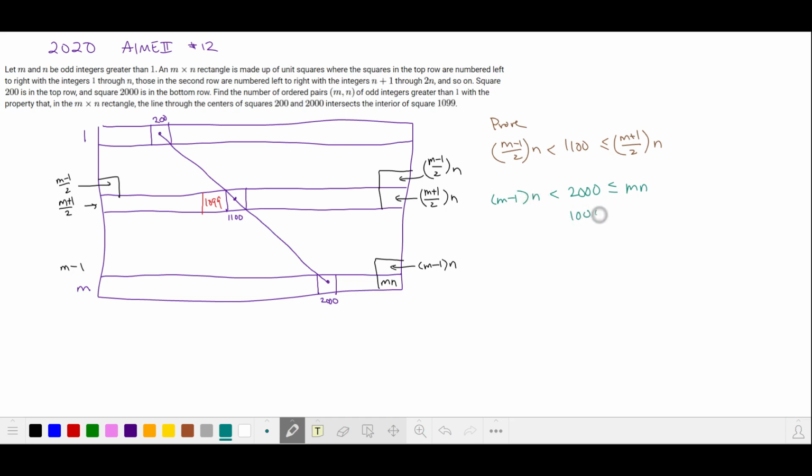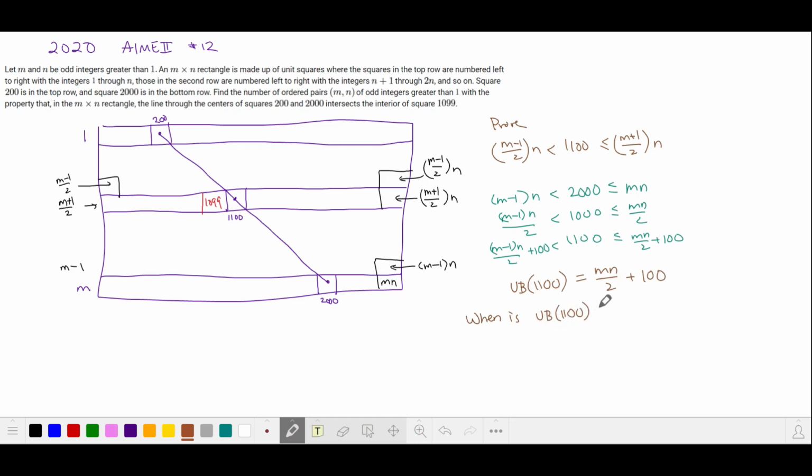We'll divide by 2 and add 100. Okay, so we have that our upper bound of 1100 is this expression, mn over 2 plus 100. And we want to find out when, if ever, 1100 spills over into the bottom half of our rectangle.